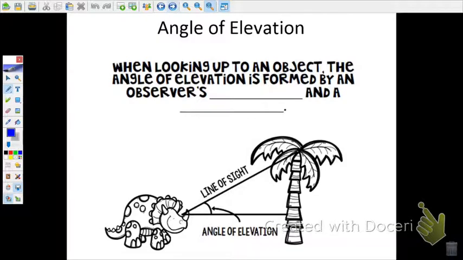So when you open up the angle of elevation flap, it says when looking up to an object, the angle of elevation is formed by an observer's line of sight and a horizontal line.